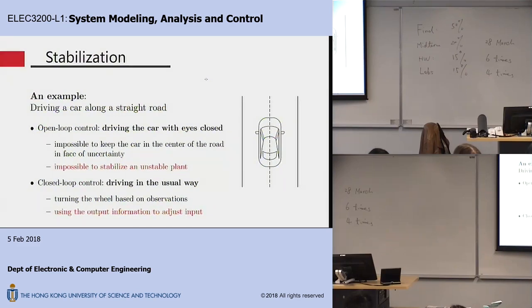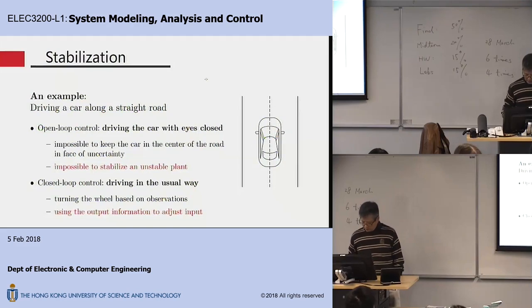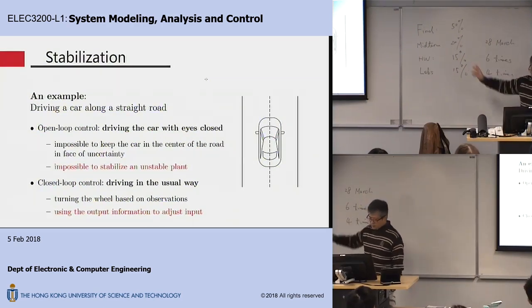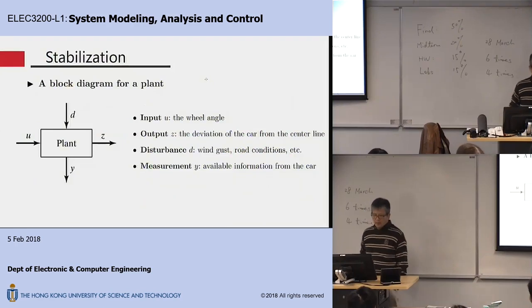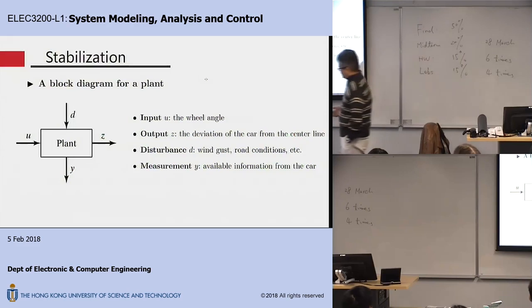This is the information that goes around the loop. Feedback control makes sense. We should be able to control this system. We should be able to stabilize it. Okay, more abstraction.